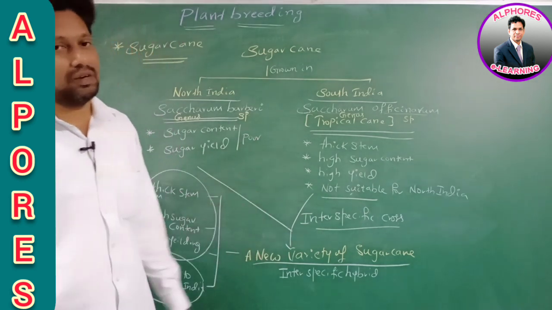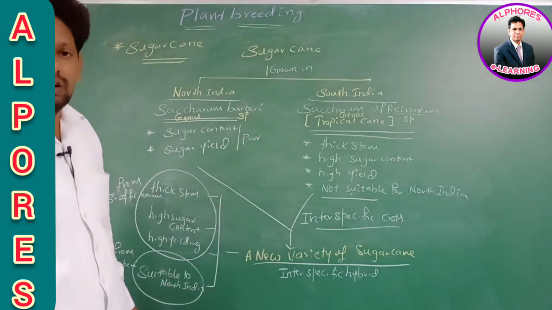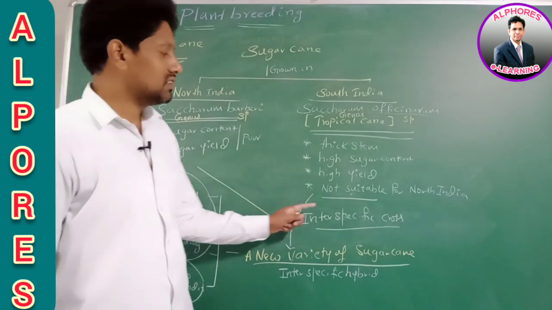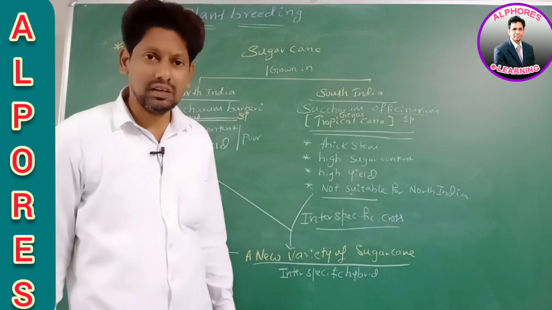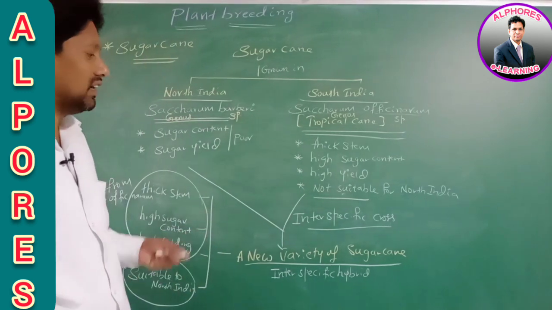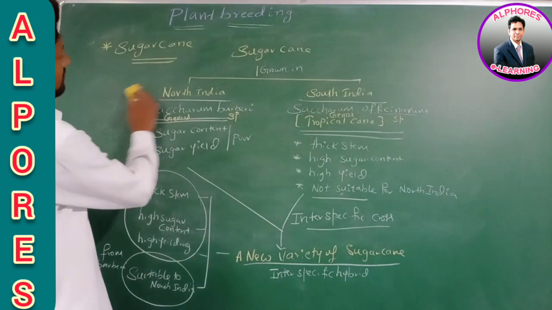Now listen to this statement. In India, all sugarcane varieties are developed by interspecific cross. In India, all sugarcane varieties are developed by what?